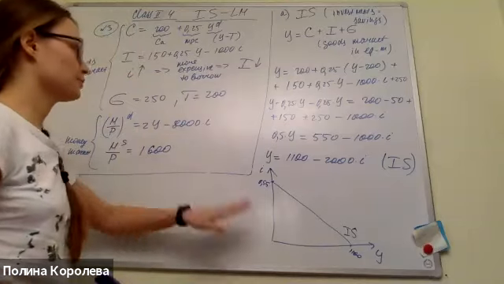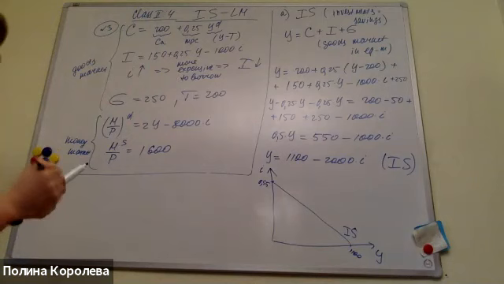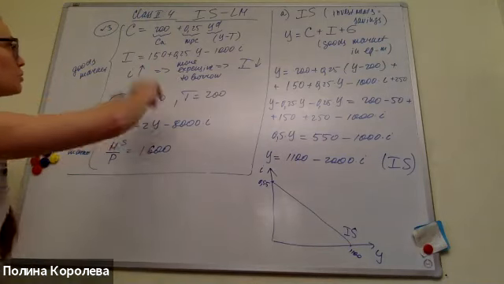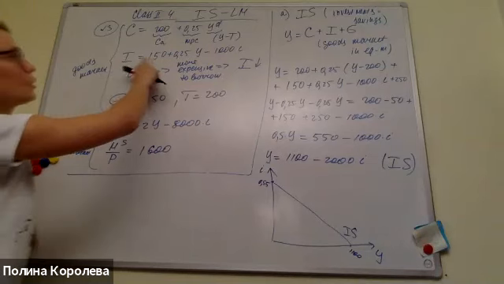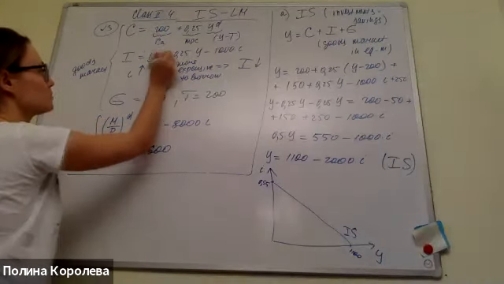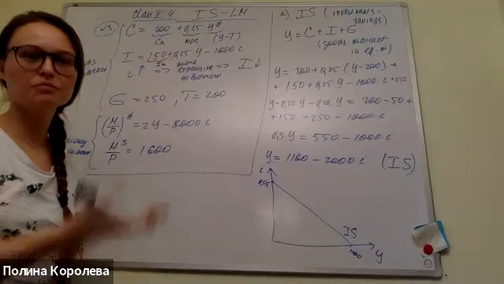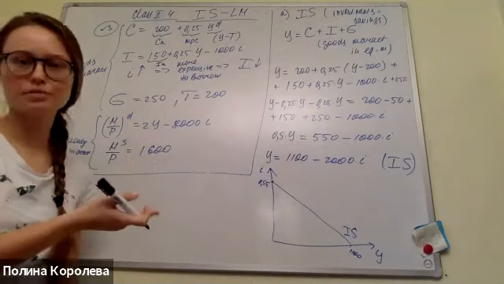Okay. So one more thing I forgot to write for you. Let's look one more time at investments. Here you have a constant. This is autonomous investment, as with autonomous consumption, investments that do not depend on GDP.